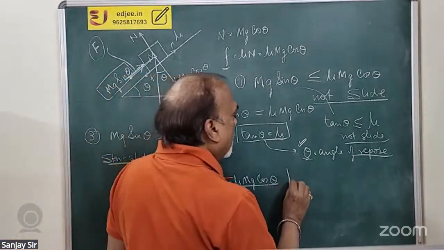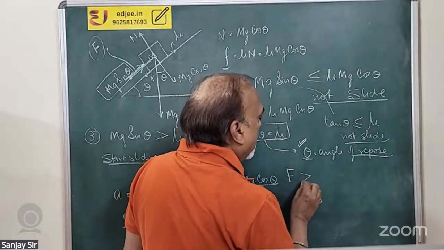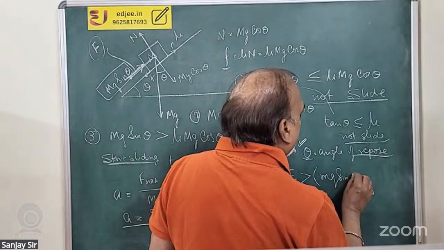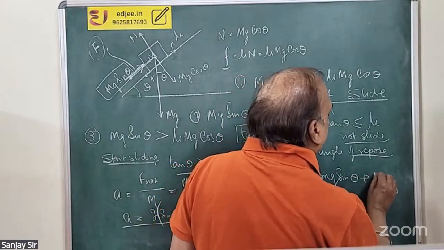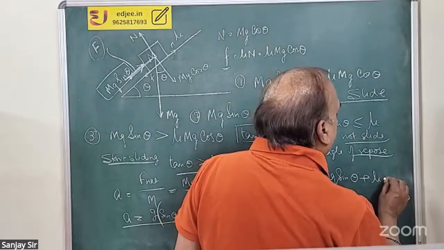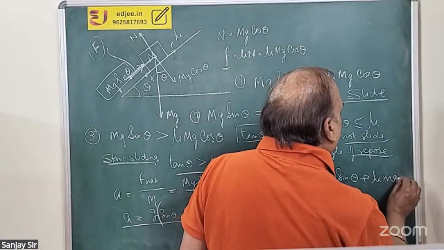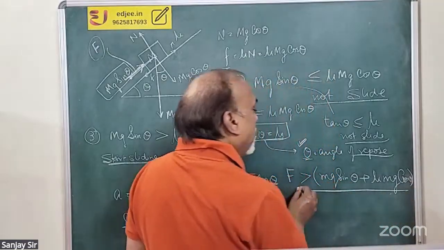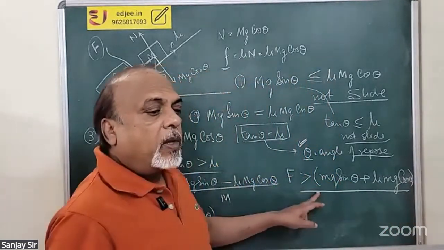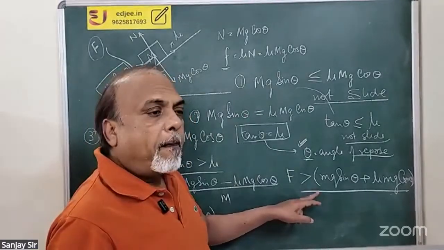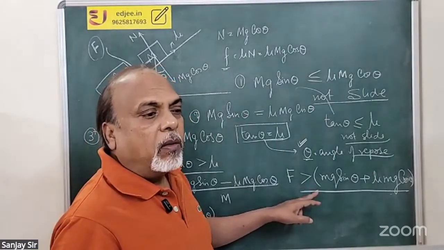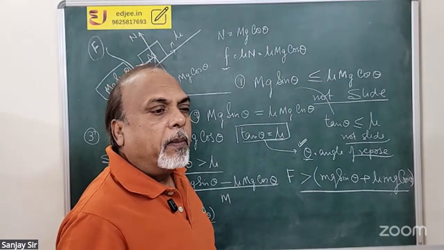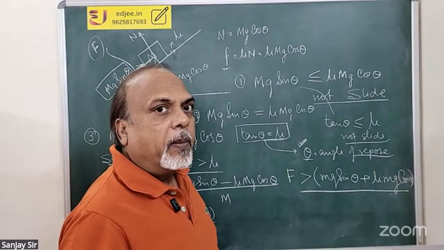F must be greater than mg sine theta plus mu mg cos theta. Then only your block will move up.